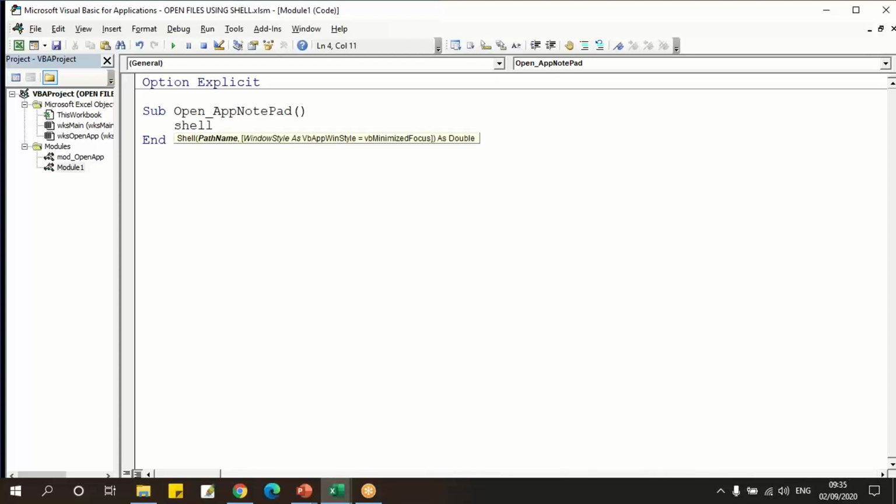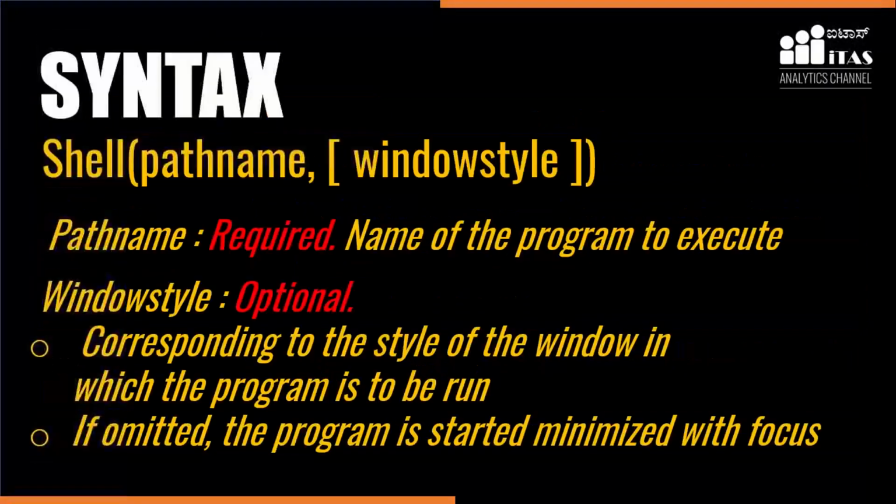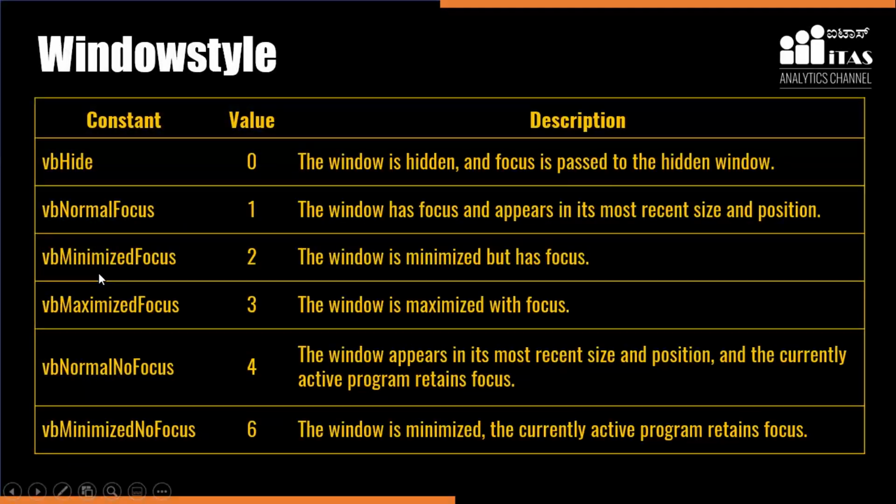The path name is nothing but the executable file, or you can mention the entire path. So now what we'll do is take this application name, because by default it will take the exe file path. I'll mention notepad, and if I'm not mentioning anything, by default, if omitted, the program is started minimized with focus.